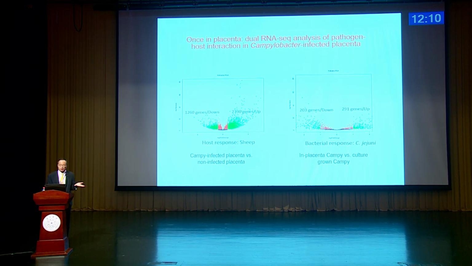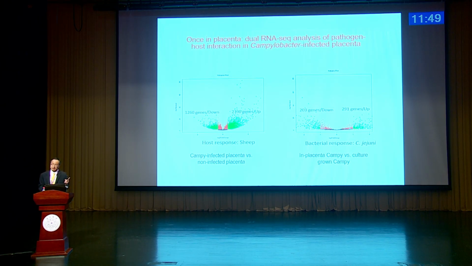And I also want to share with you about the pathogen-host interaction in placenta, because that's the latest stage of the disease. Once Campylobacter survives in the blood and makes it into the placenta, what happens there? So we were able to take advantage of a sheep model.